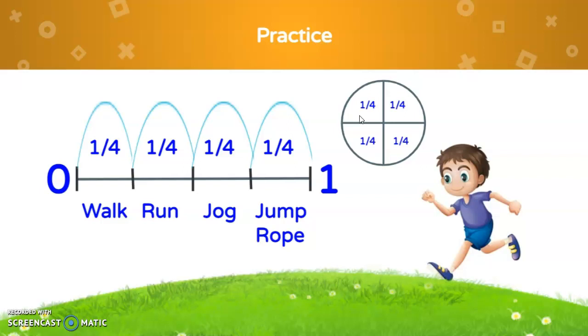Now, I'm going to show you something fun. This section that we are walking for is 1/4 of our time. The second activity also takes up 1/4 of our time, but it happens during the second part of our 4 sections. After this activity is completed, 2 out of our 4 sections are done.